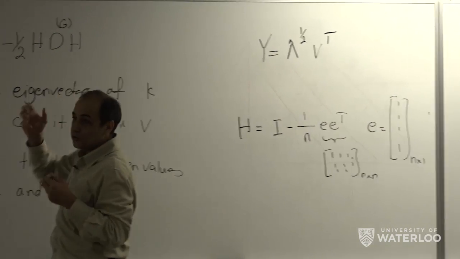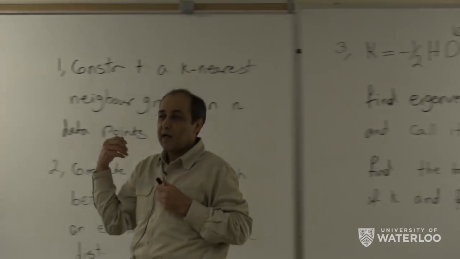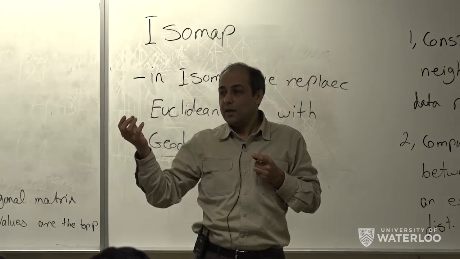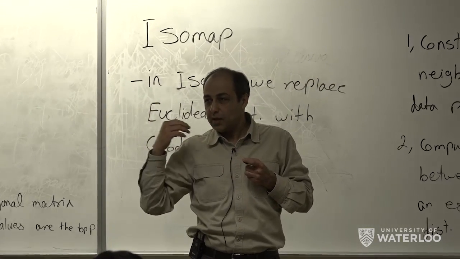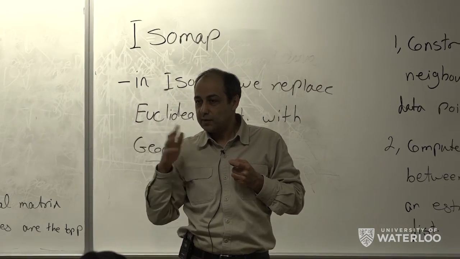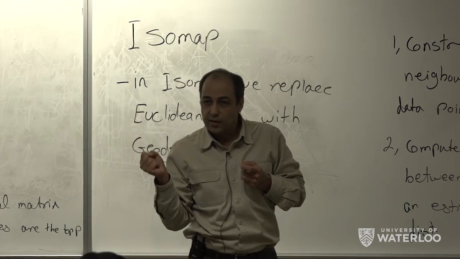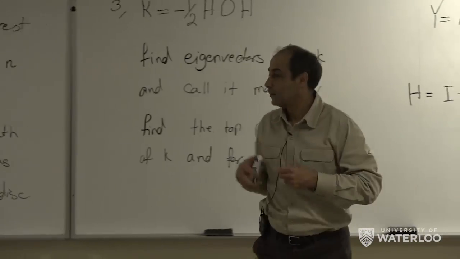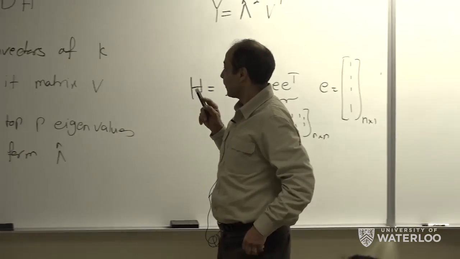H D H double centers D, as if you're summing up all rows, finding the mean and subtracting it, and doing the same for the columns. You're centering D from both sides. Okay?